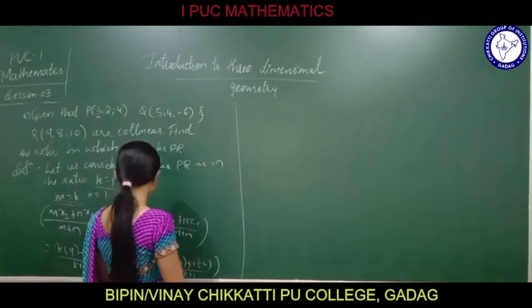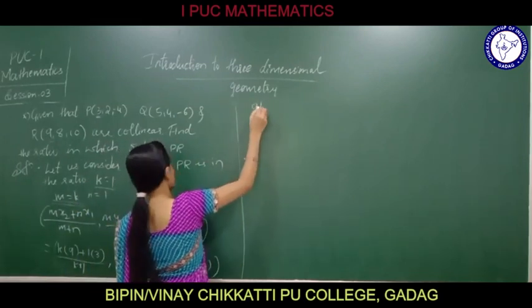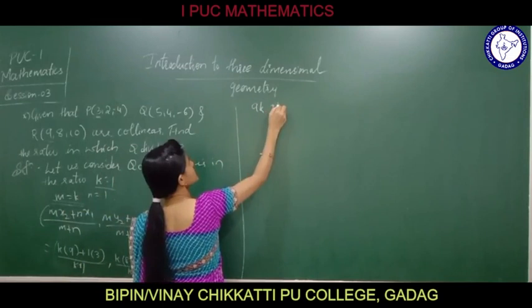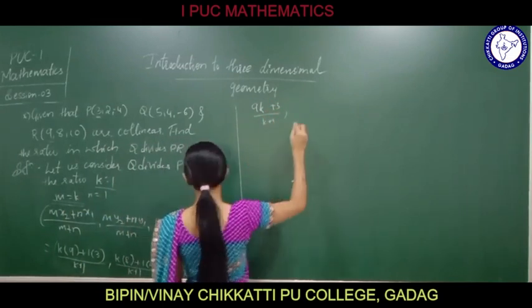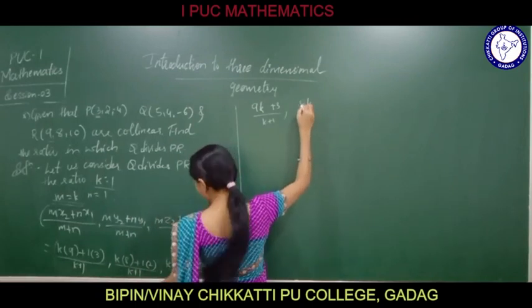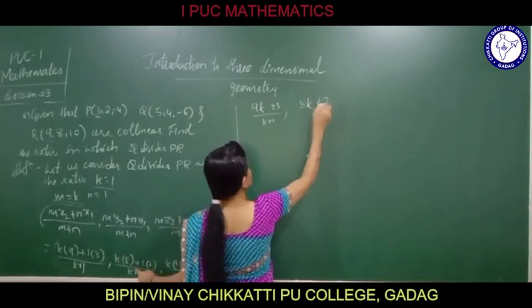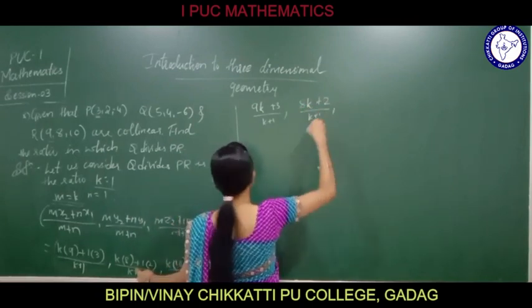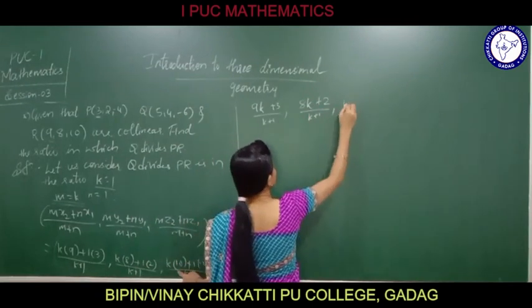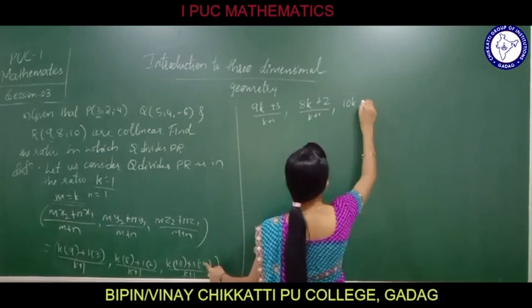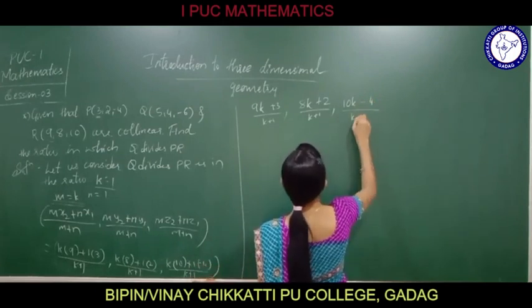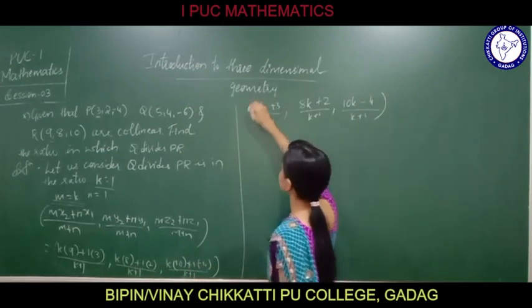We are going to get that as 9k plus 3 divided by k plus 1. On simplifying, I am going to get 8k plus 2 divided by k plus 1, and again 10k plus into minus is minus, 4 ones are 4, divided by k plus 1.